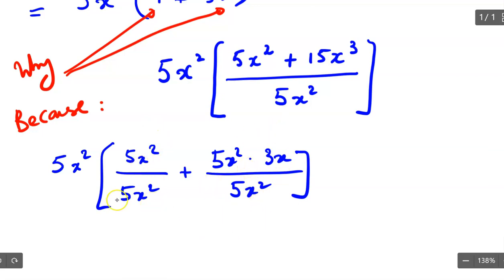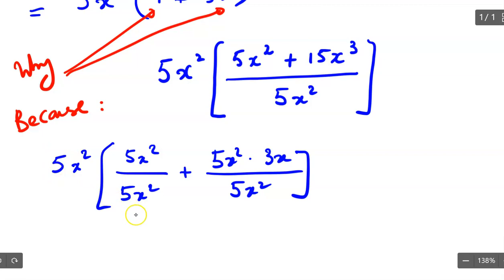In the way that if you have a common factor and you pull it out of the brackets, it means that you multiply this with this 5x squared. You must divide the 5x squared into each of these terms inside the brackets. Okay, I repeat that. If you pull out common factors, it means you multiply the expression with that factor.